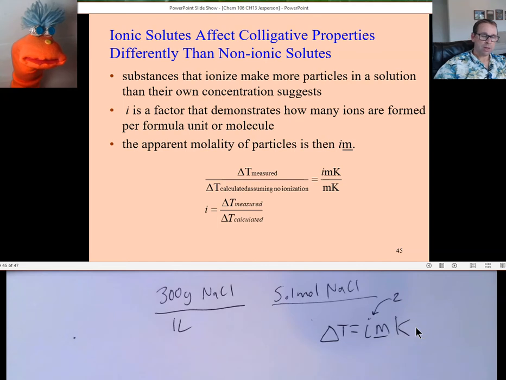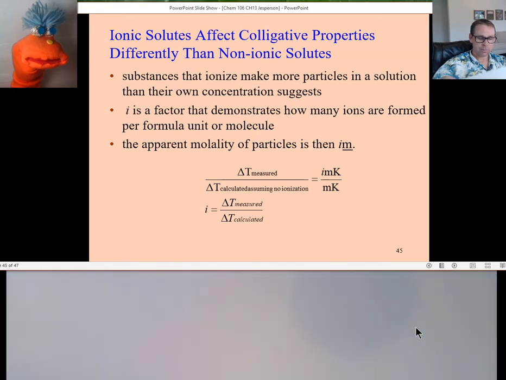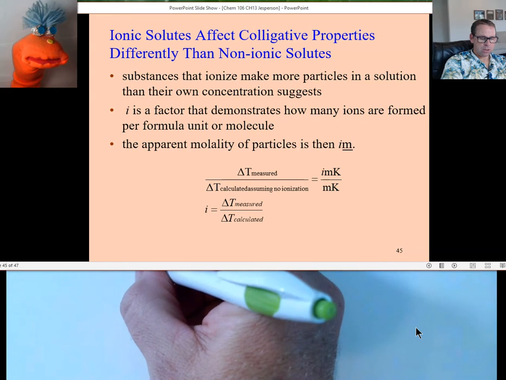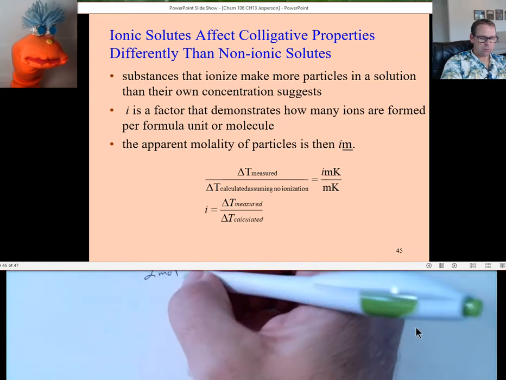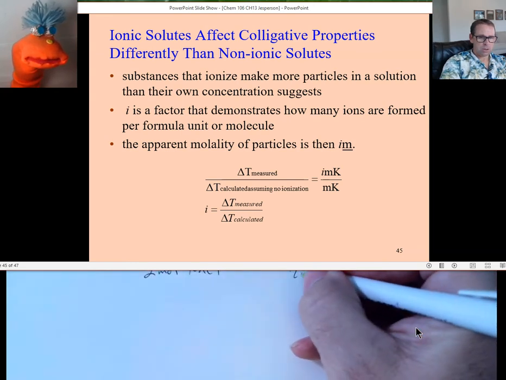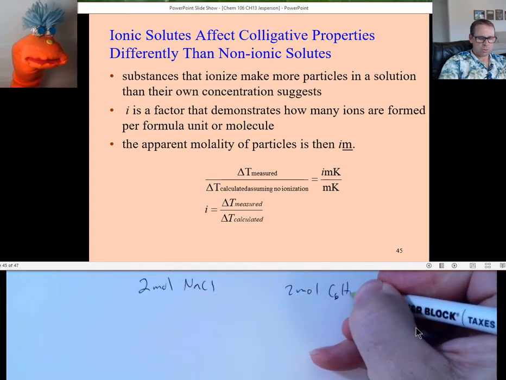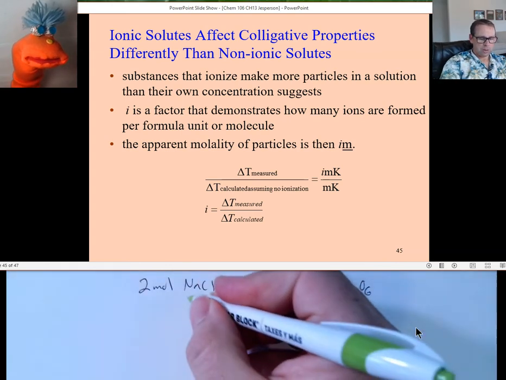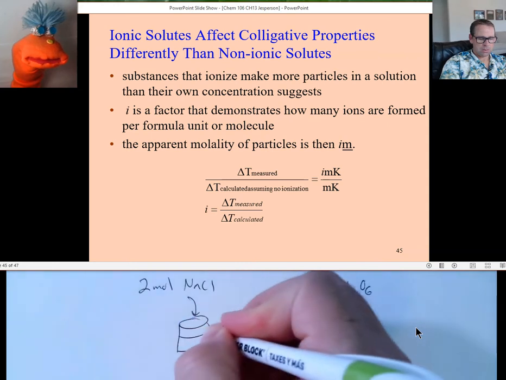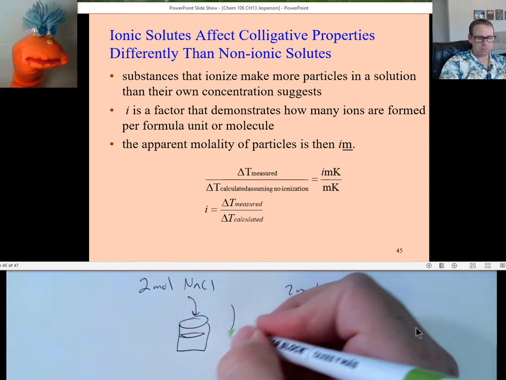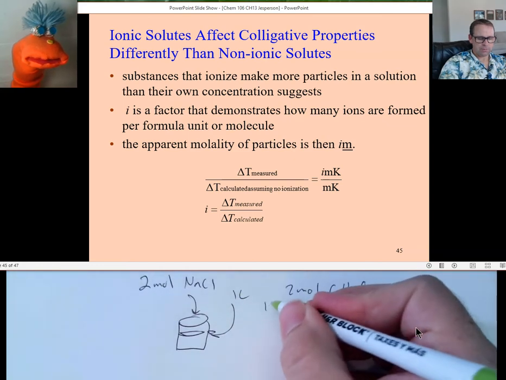Okay? So if I have moles of sodium chloride and moles of sugar placed into water, let's set up our little idea here. Let's just do 2 moles of NaCl and 2 moles of C6H12O6 into these solutions, same volume of solutions, so both of them have 1 liter in here.